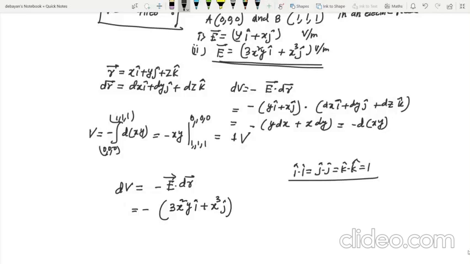Now the thing is only i dot i, j dot j or k dot k is 1. So only these portions will exist, and x cube with dy will remain. So this is nothing but 3x square y into dx plus x cube into dy.